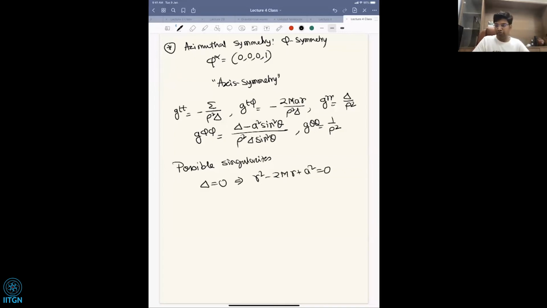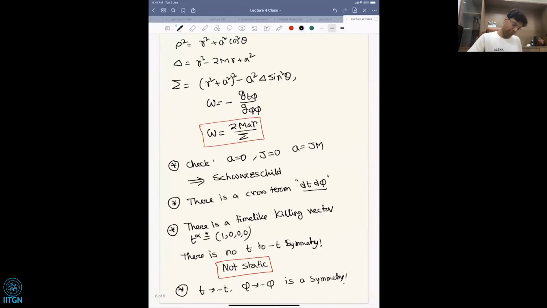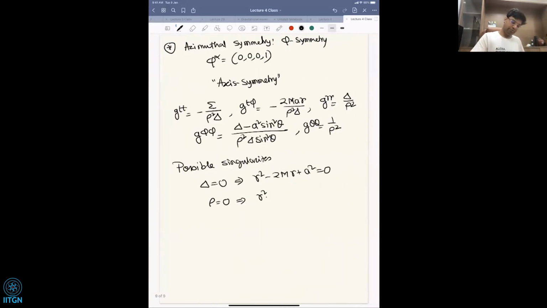Note that if a equals 0, this is exactly r equals 2m. Another possibility is when rho equals 0, which is r squared plus a squared cos squared theta equals 0. Again, if I put a equals 0, this is r equals 0. So these are the possible sources of singularities.